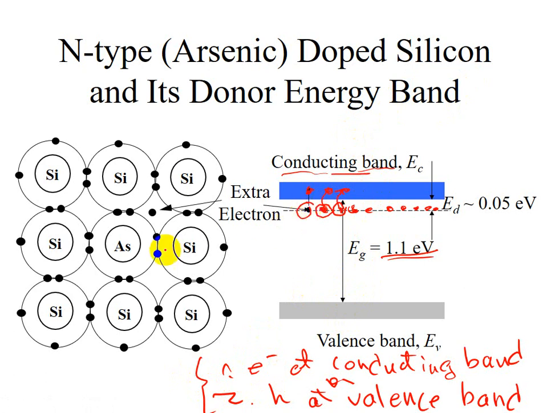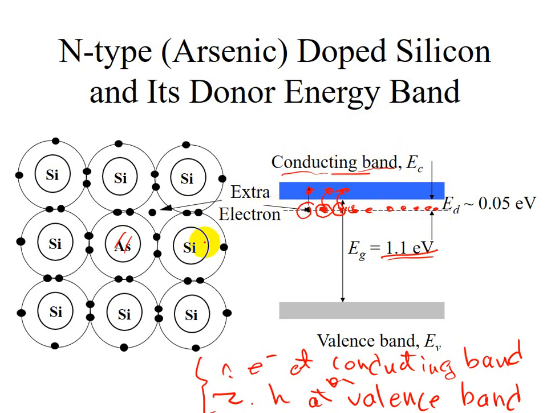So when you add arsenic into the silicon crystal, the extra electron occupies the donor level very close to the conducting band. When external energy is applied, the electron absorbs energy, jumps to the conducting band, and leaves behind a hole at the donor level.